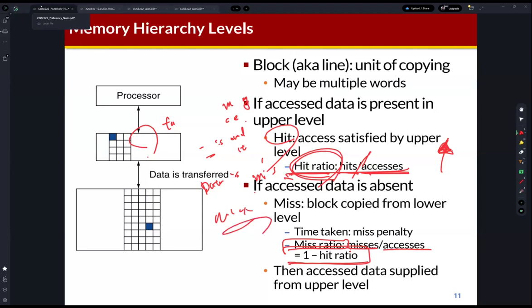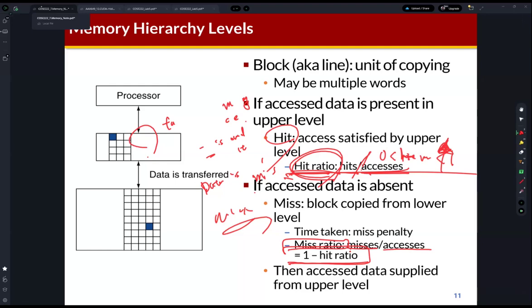We can define the hit ratio and the miss ratio, because we cannot always find the requested data. The hit ratio is the number of hits divided by the total number of accesses. So the hit ratio is larger than zero, but smaller than 1.